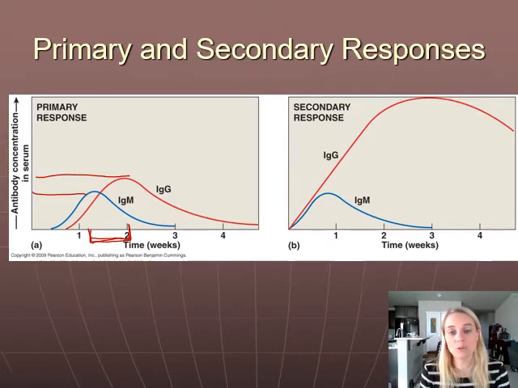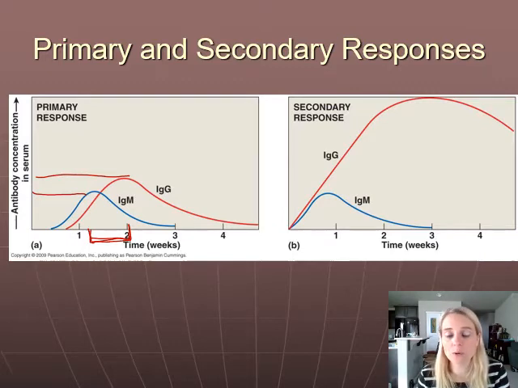Now, if our immune system, and there's no mutations in the coronavirus itself, if our immune system has those memory B cells that it produced in that activation stage, let's say next year this whole virus is going to stick around. We have no idea what's going to happen, but it could potentially come back around. So anybody who was infected this first time around has those memory B cells.